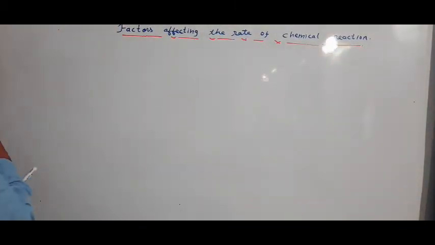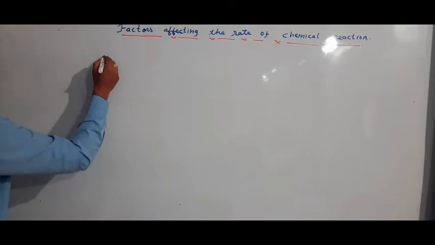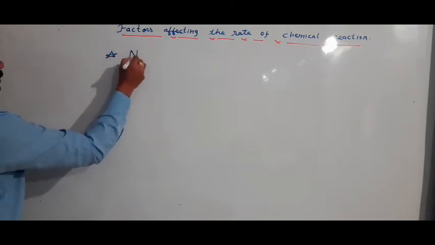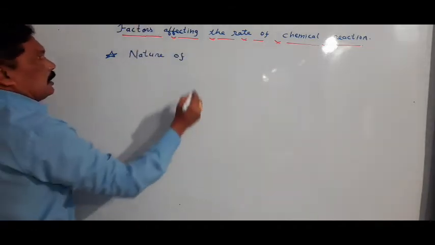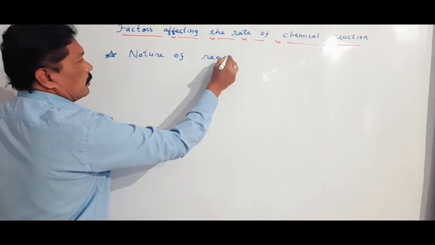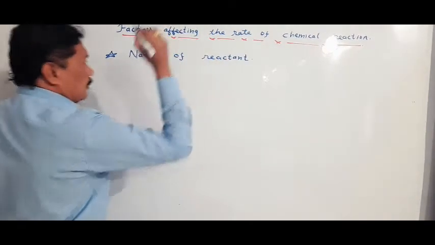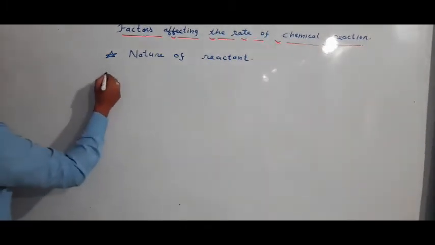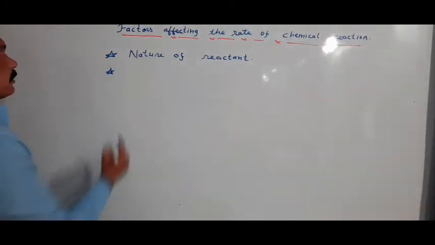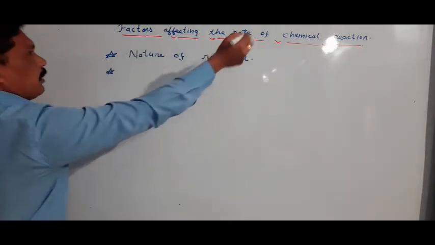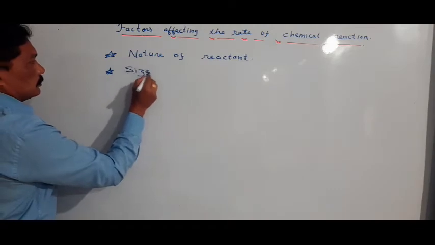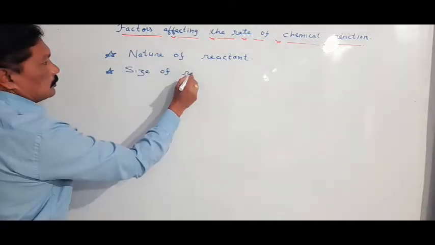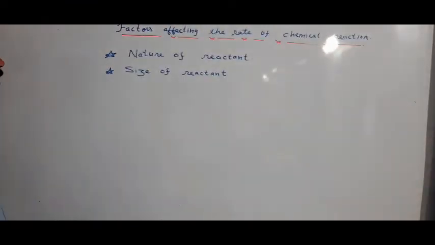The first factor which affects the rate of chemical reaction is nature of reactant. The second factor which affects the rate of chemical reaction is size of reactant.